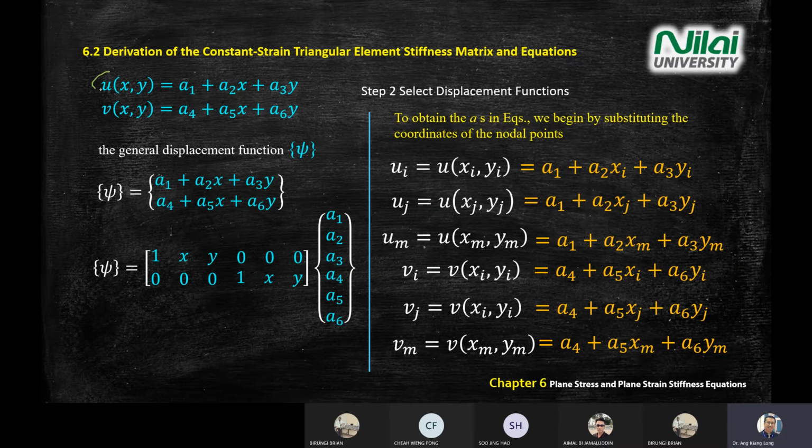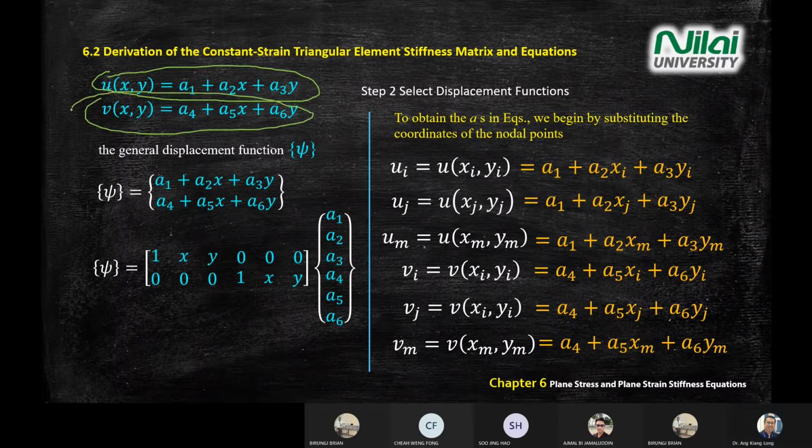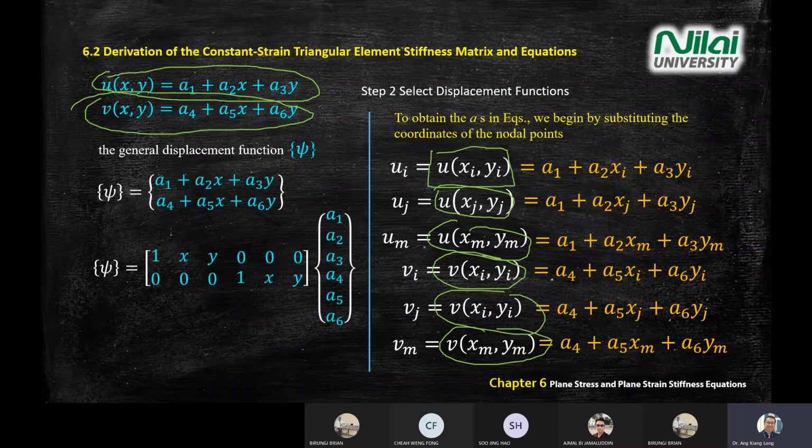Basically, we are applying these two blue color equations by substituting all the coordinates of the points. We just substitute inside these two and we get 6 equations. All right, again, we are still looking at the I point, J point, M point. We are looking at a triangular shape element here.